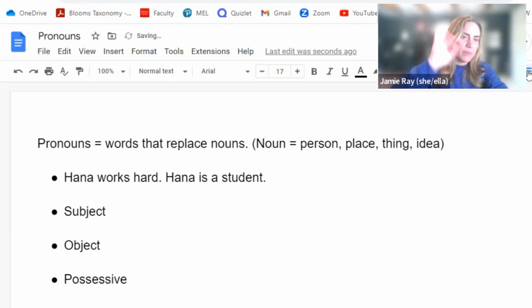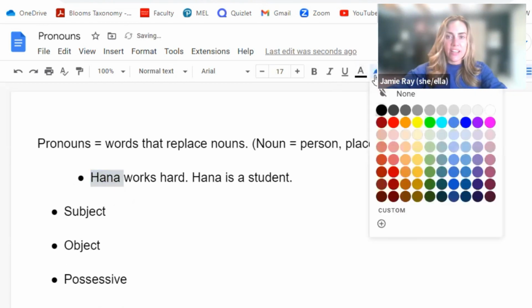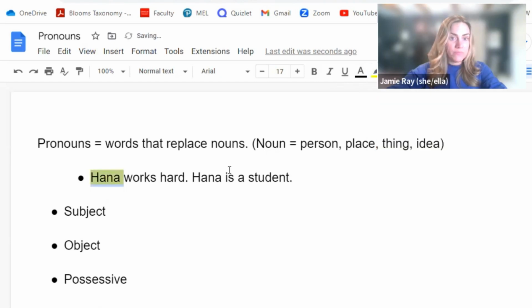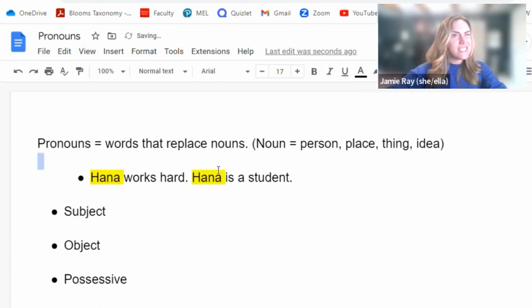Okay. Sentence. But here you can see I'm saying Hannah, that's a person, so it's a noun. And then I'm saying Hannah again in the next sentence, another noun. It's the same person and it feels repetitive. Hannah works hard. Hannah is a student.